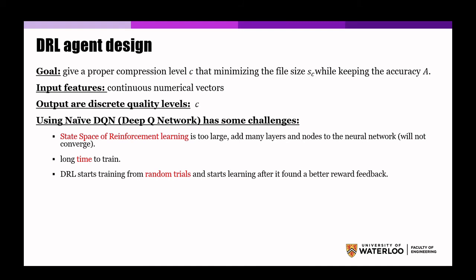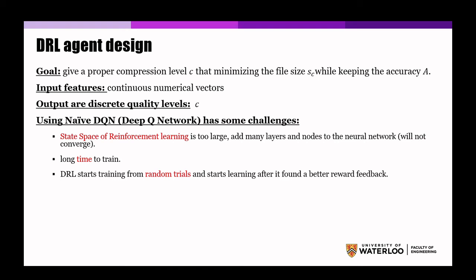And it will of course take a long time to train. Each step involves a large inference neural network, making the training process too time consuming. And the DRL agent starts from random trials and starts learning only after it finds better reward feedback.